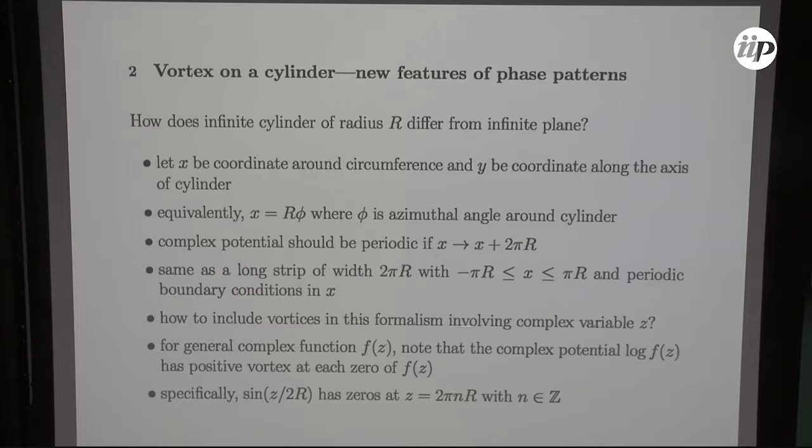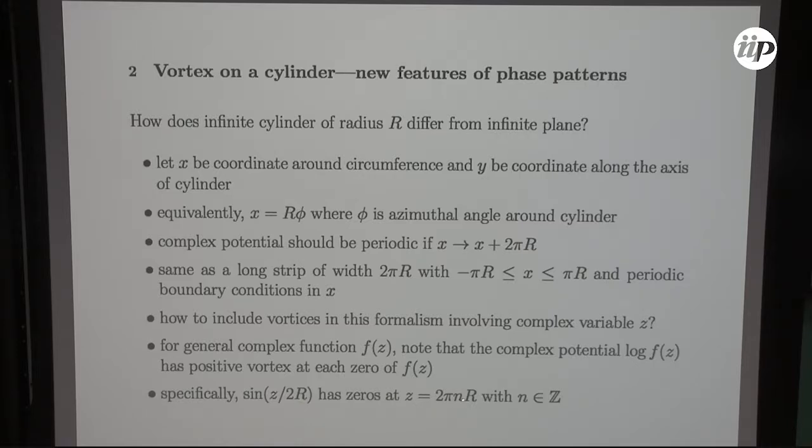So, how do you make vortices in this complex formalism? Well, it's very simple. If you take any function f of z, if you take the logarithm of f of z, every time f of z has a 0, the log has a vortex. And so if you want a regular array of vortices to represent the periodic repetition of a vortex, you just take the sine of z over 2r.